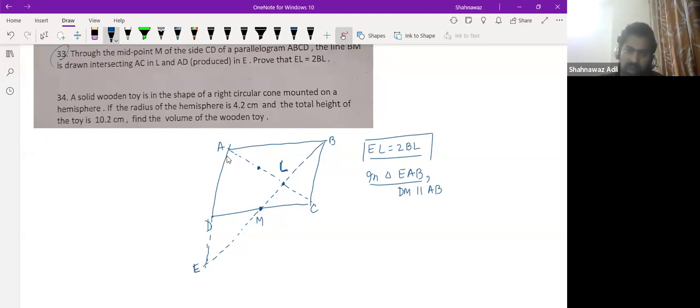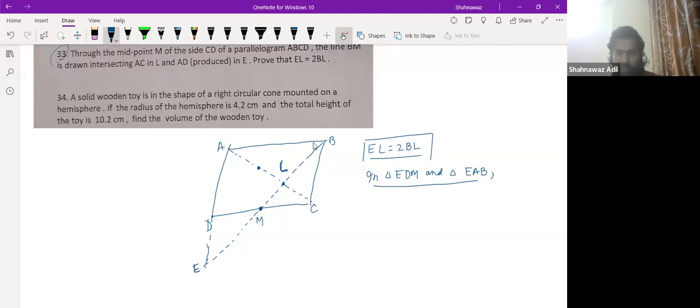So what we can do, in triangle EDM and triangle EAB, right? These are the two triangles that we have. And I have to relate this DM with AB.